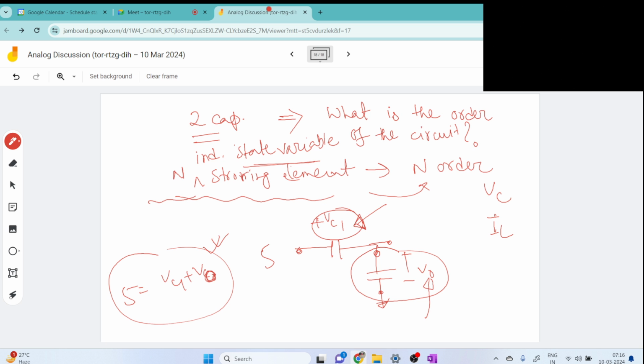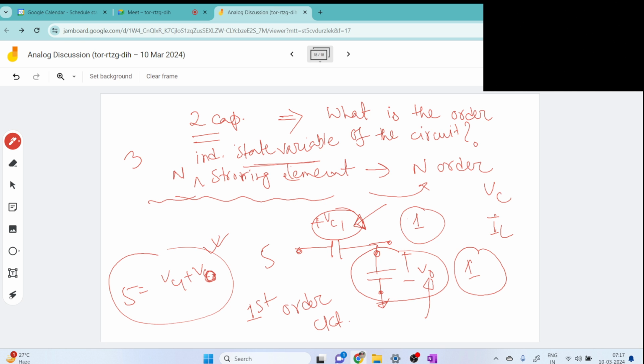The number of effective capacitances is one, and the number of independent variables is also one for this circuit. So this is a first order circuit. If there are n capacitances present, the maximum order can be that number, but it can be reduced depending upon the independent state variables.